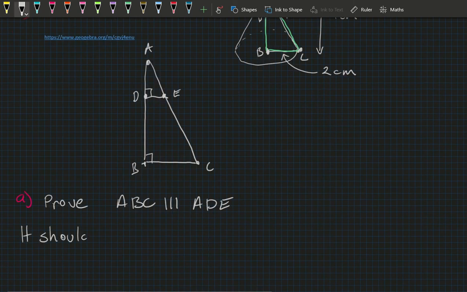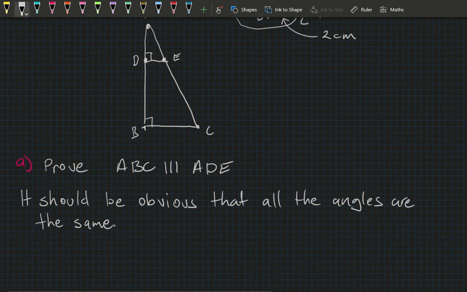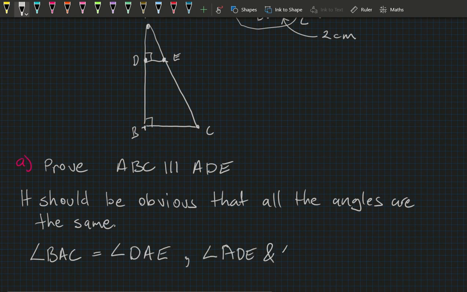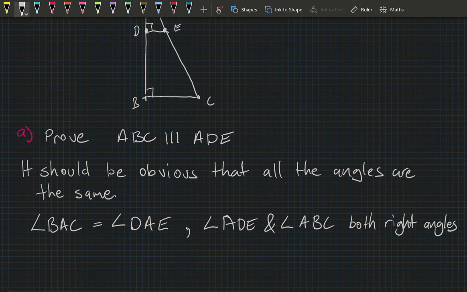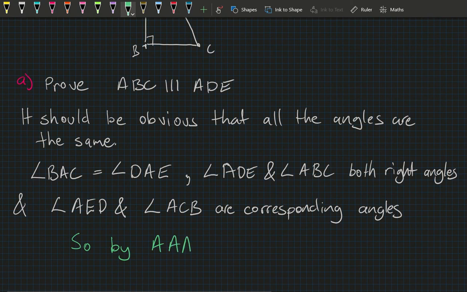Now it should be obvious to you that all the angles are the same because BAC is DAE. And ADE and ABC are both right angles. Also, AED and ACB are corresponding angles. So by AAA, ABC is similar to ADE.